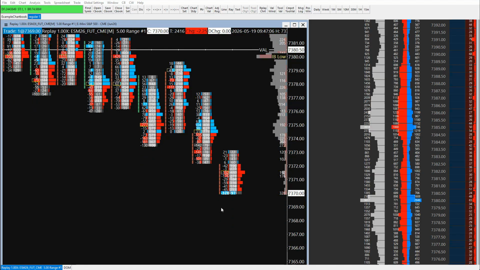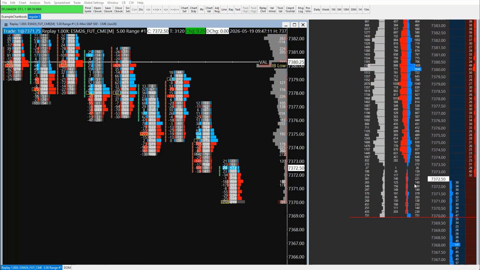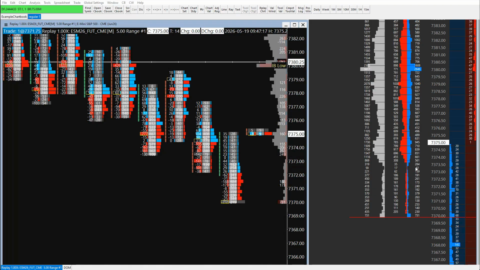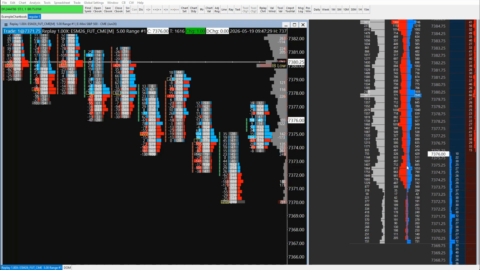And so right here, I'm going to replay this data. And what I want you guys to notice is that price is going to move back to the upside very aggressively. Watch the depth of market. When we see the depth of market accelerating very quickly, exhibiting very high velocity back to the upside, what this reveals to us is that there is active participation from buyers to lift the offer or to increase the value of price very aggressively. And so under that condition, we can now understand that buyers are starting to take control of the market.